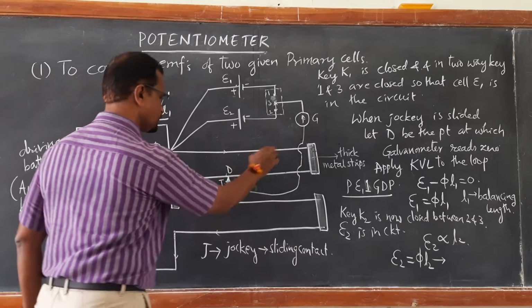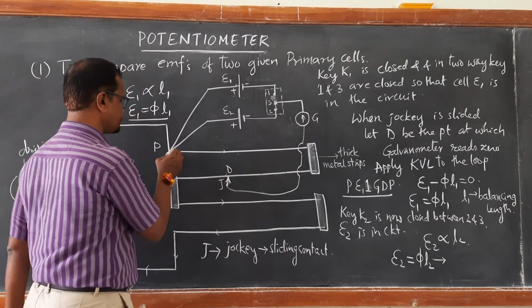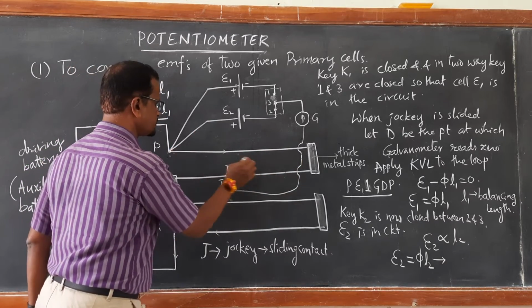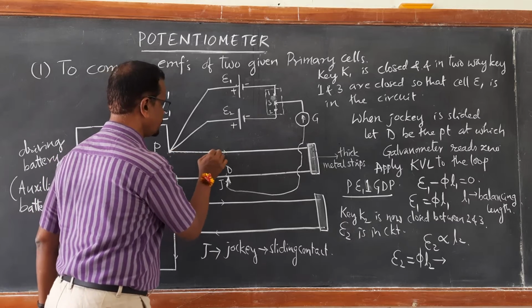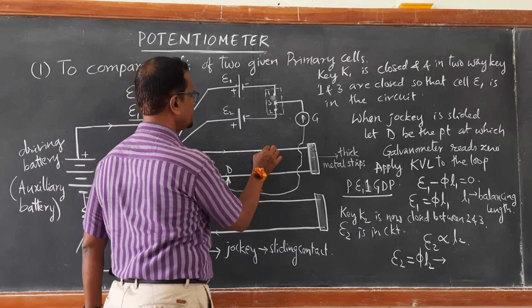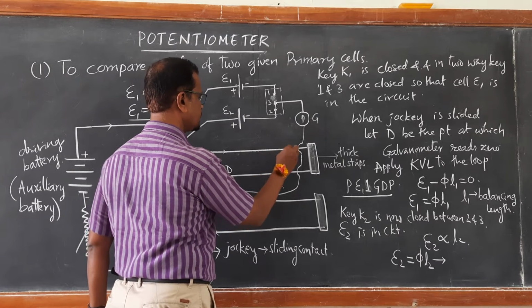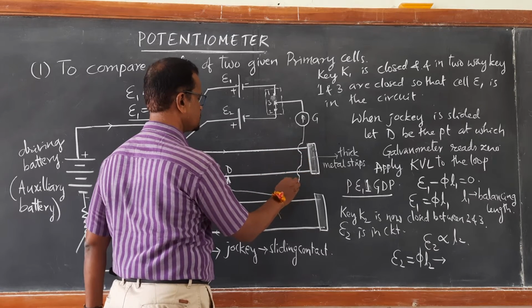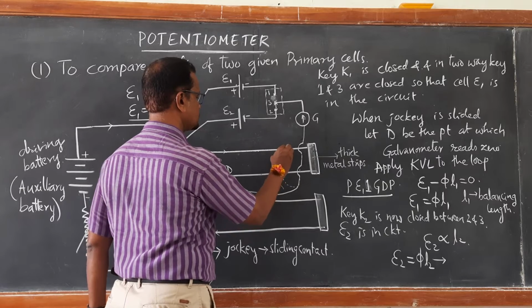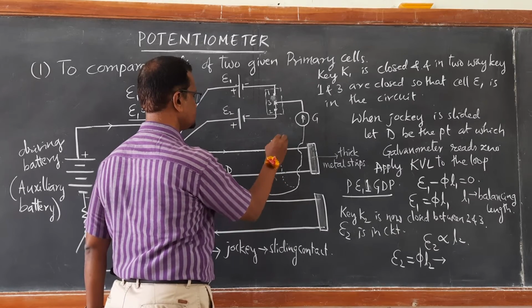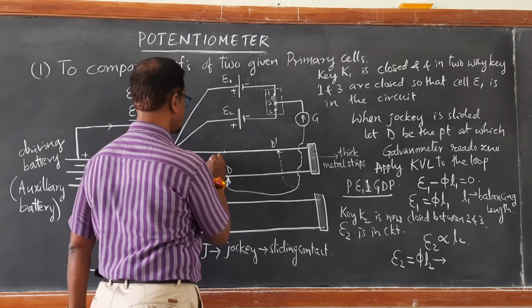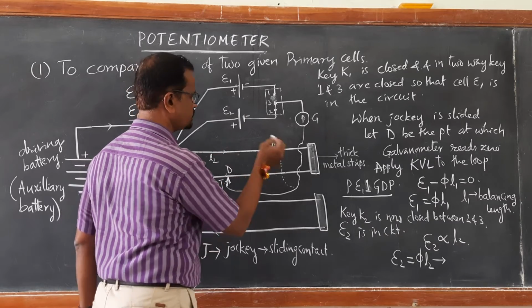Means now the same procedure is repeated. Again, the jockey is slided at one particular length, let us say about 85 centimeter. Now let us say this is D dash. Now this is of length L2 and earlier length was L1.